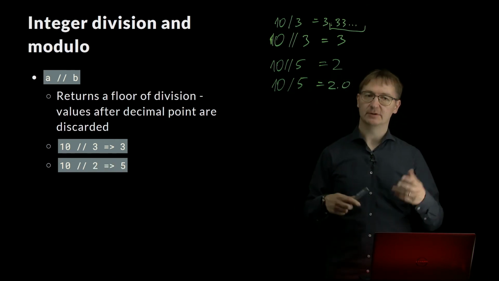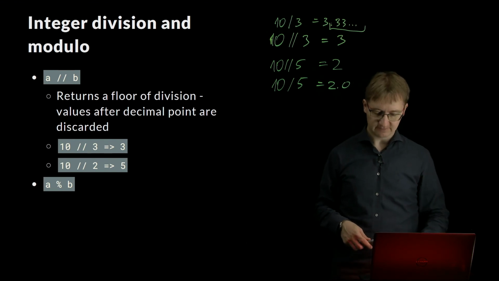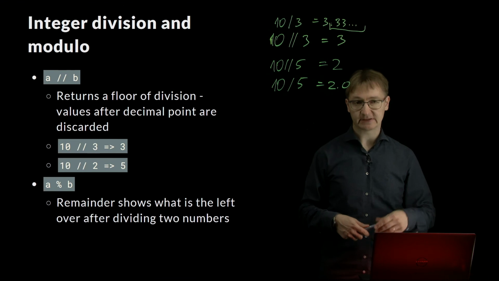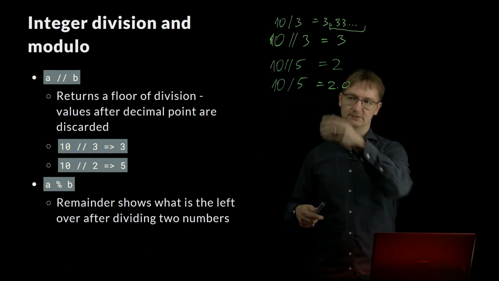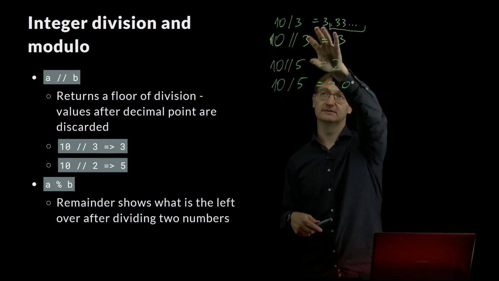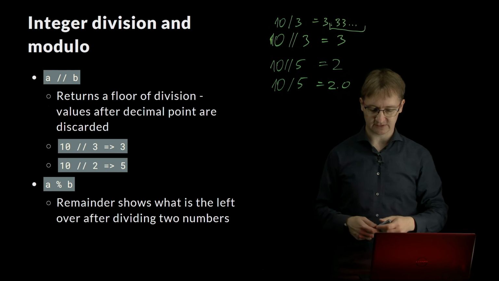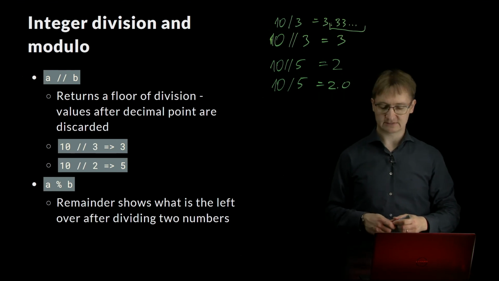And now let's see about modulo, or the percentage sign. We have two numbers, and we do a similar operation, dividing, but what is left after the division is the result of this modulo operator. Let's see an example.